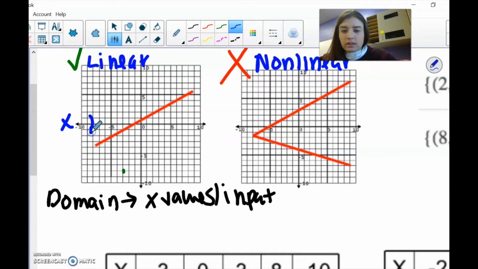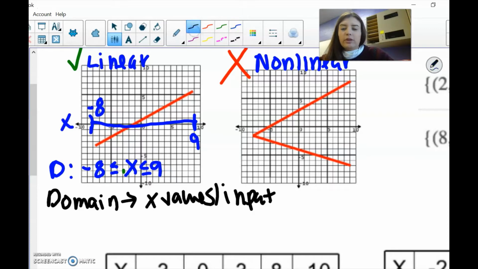I'm going to say it's this one right here at -8. I'm going to go all the way over to the farthest right point that we have on our line, and this is +9. So our domain, D for domain, is -8 less than or equal to x less than or equal to 9.